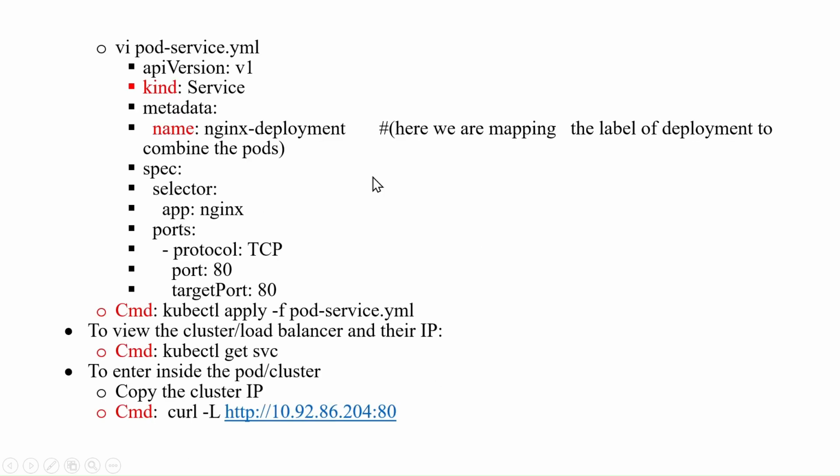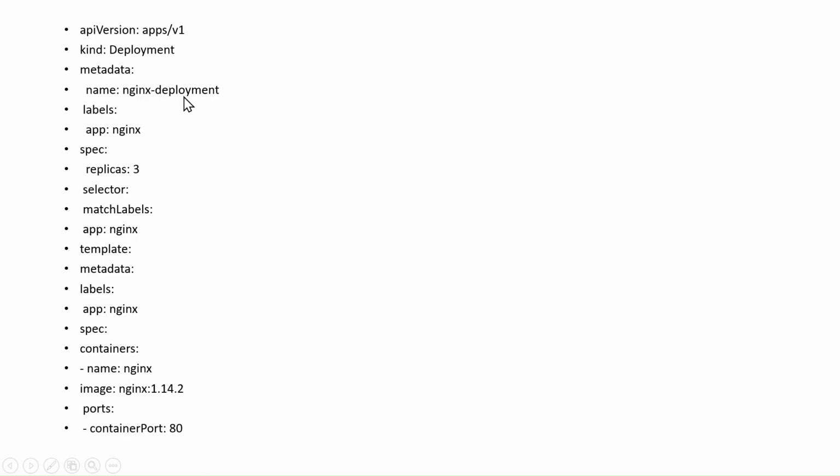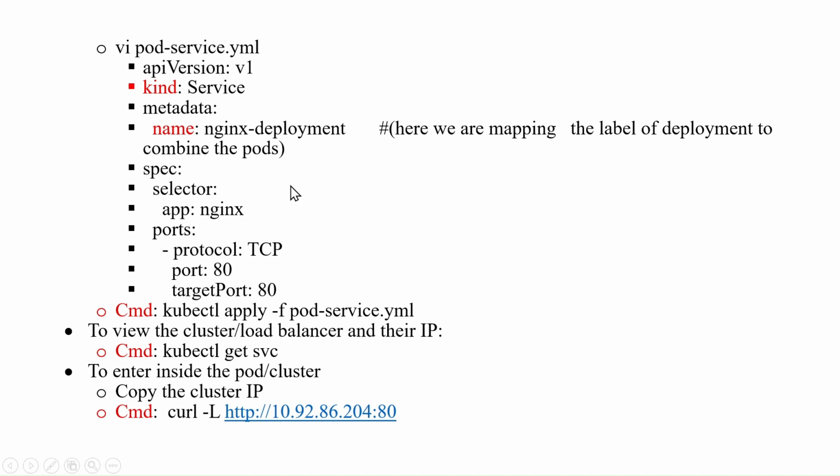This is how the service manifest file is going to look. You can embed it right next to this line, or we can have a separate file too. The API version is again v1, the kind is Service, and the metadata I am providing here is the name. Here we are mapping the label of the deployment to combine the pods.